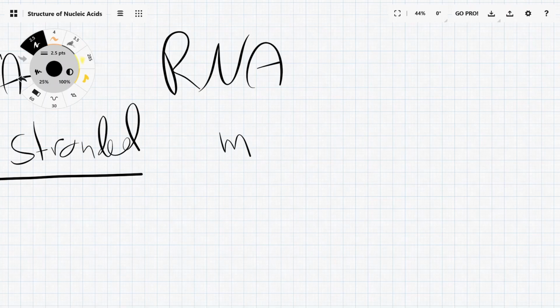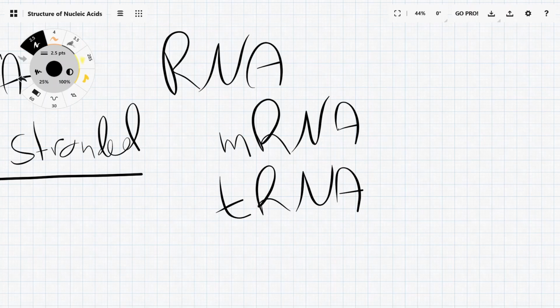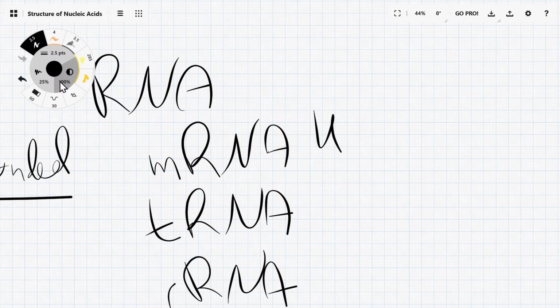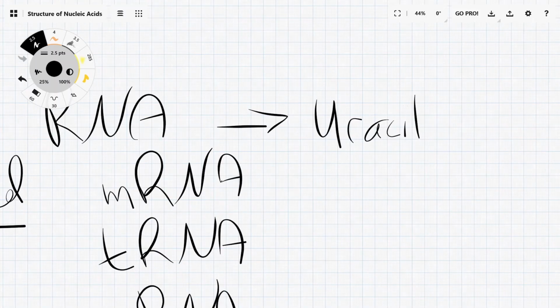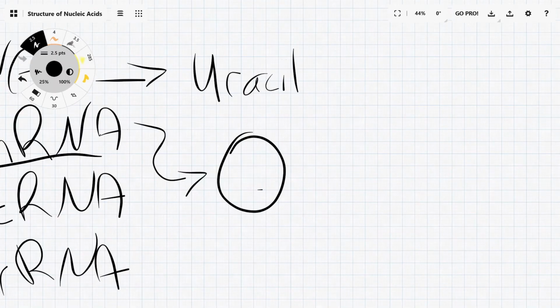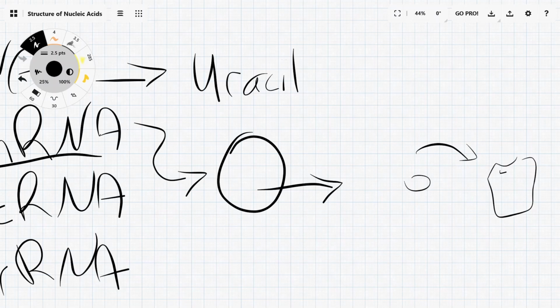There are three main types: mRNA, tRNA, and rRNA. And so RNA contains uracil instead of thymine, and is oxygenated, so it has that extra oxygen in its 5-carbon pentose sugar. mRNA carries genetic code from the nucleus to ribosomes, where it can be translated into proteins.